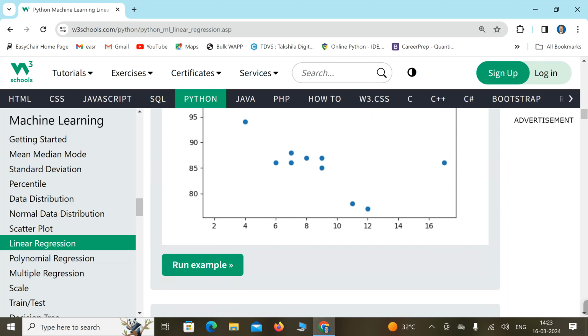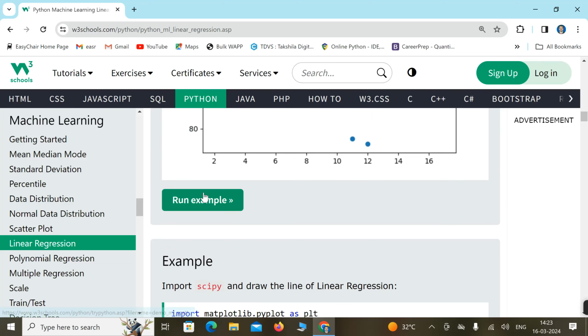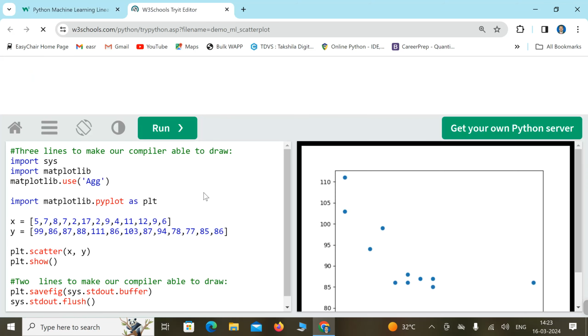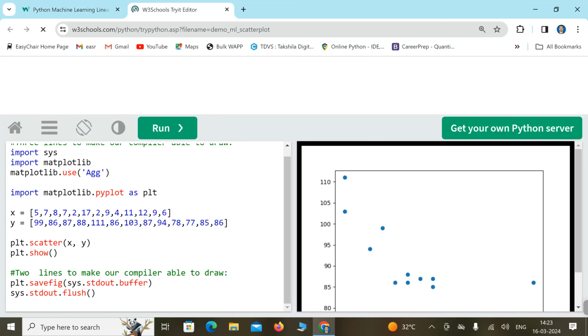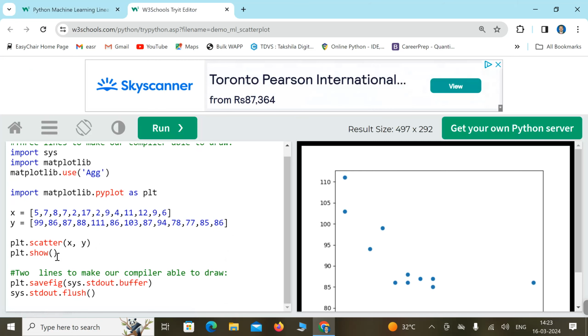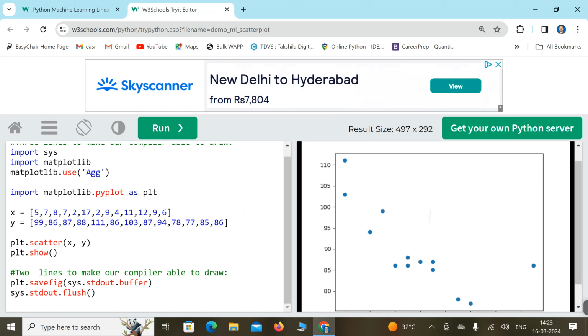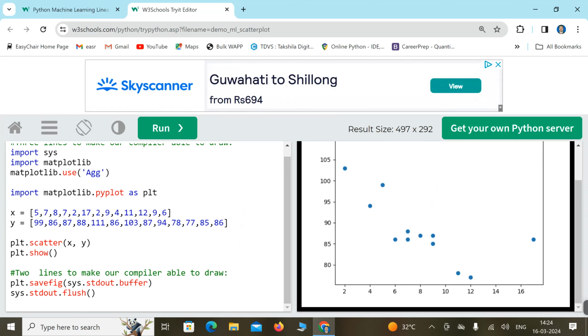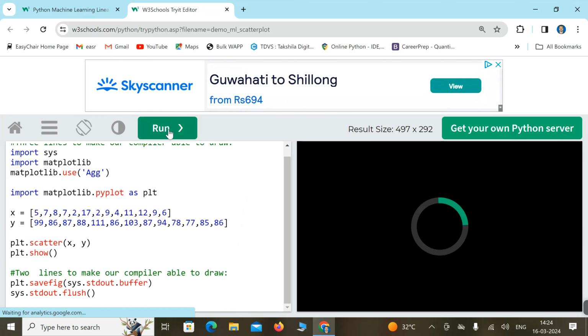Suppose let me run this example. I have used here a scatter plot, and this is shown. Then the two lines to make our compiler able to draw this, and let us see how it runs.